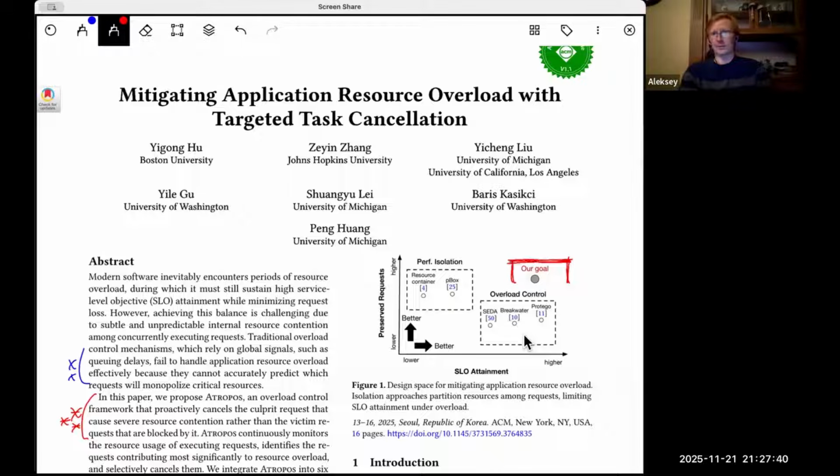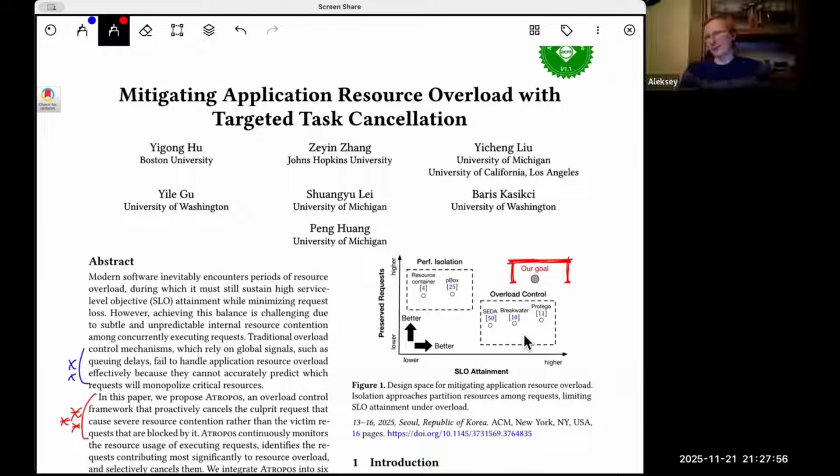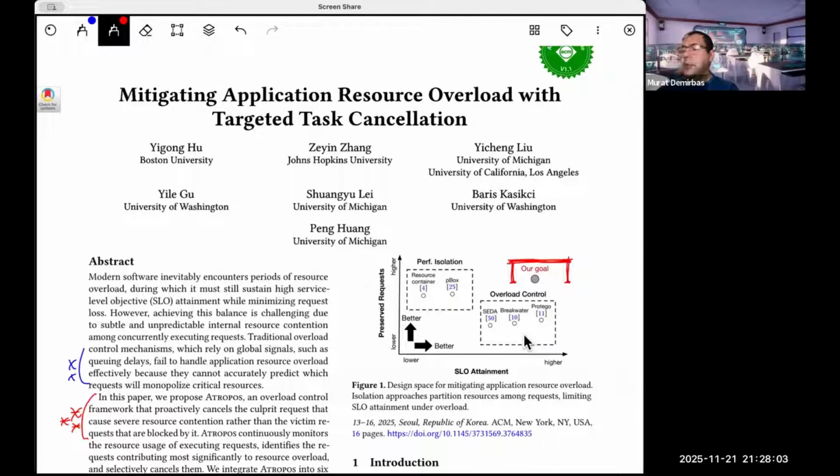But sometimes that may hurt you. If you have a long-running query that is blocking a lot of stuff and you give it very little resources because of the performance isolation, then everything waits. But maybe if you give it more resources, it finishes quickly.